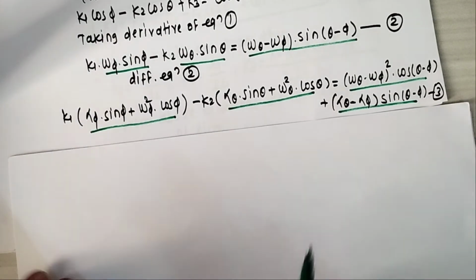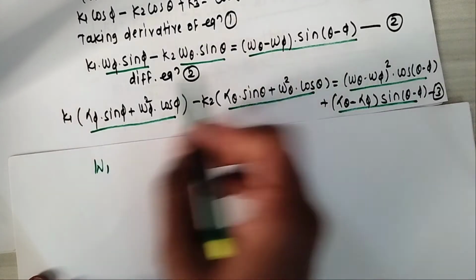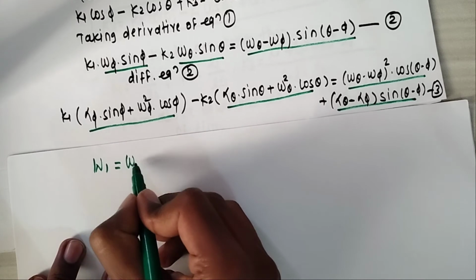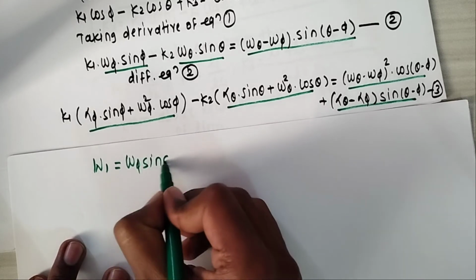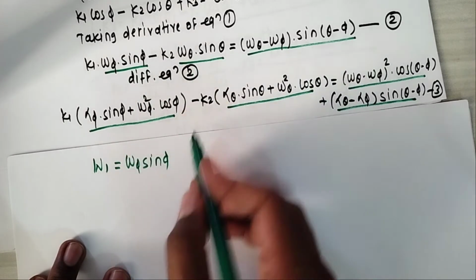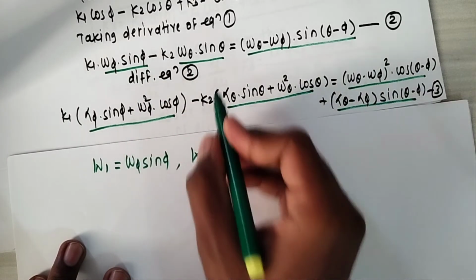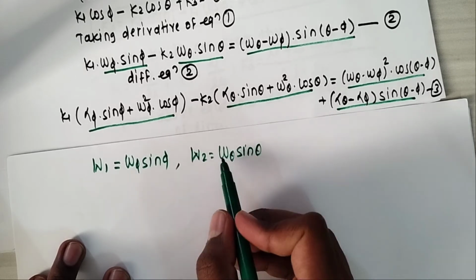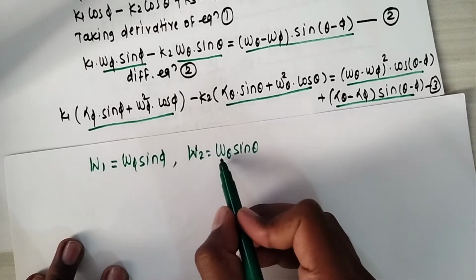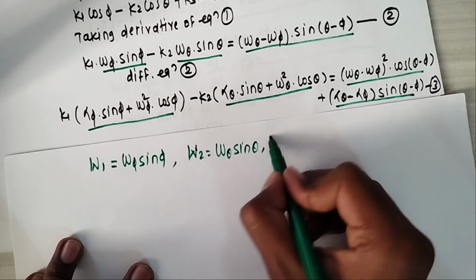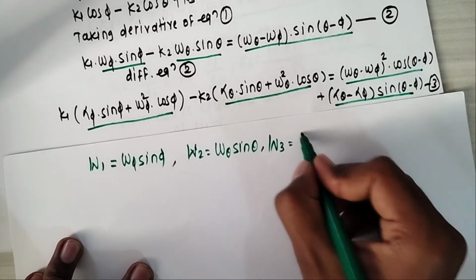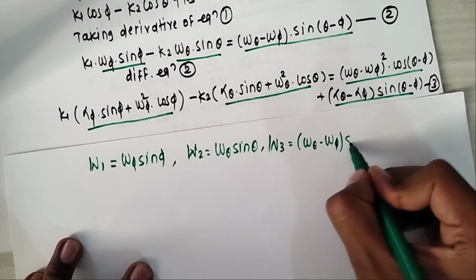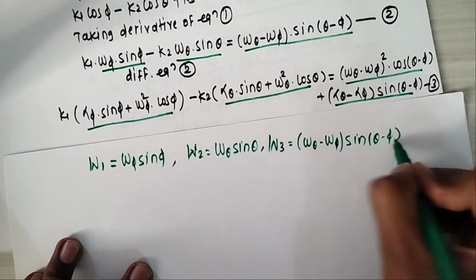So the kinematic coefficient w1 from equation number 1 is omega phi sin phi. Then w2 is omega theta sin theta. You must differentiate between omega and w: the w's are constants and omega is angular velocity. Similarly w3 is omega theta minus omega phi into sin of theta minus phi.